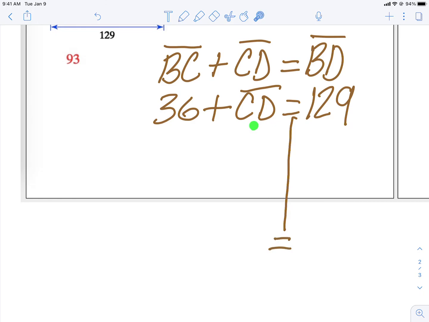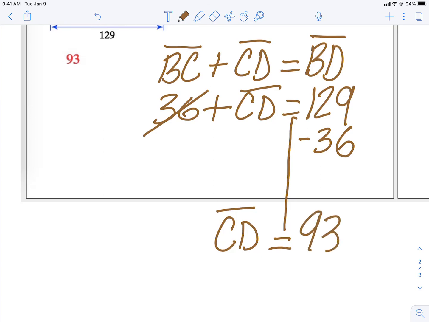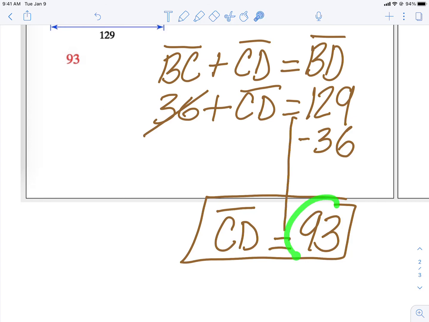So my goal is to get my segment CD by itself. So I'm going to say CD, right? That means I'm going to move this 36 over this way and make it negative 36. So I'm going to cross out 36 and make it negative 36. 129 minus 36 is 93, which matches my answer right there.